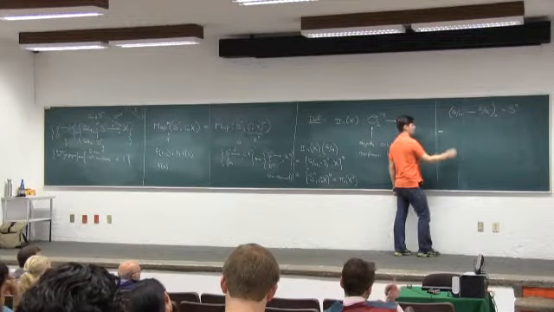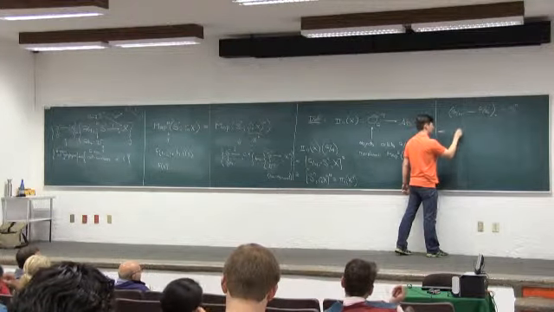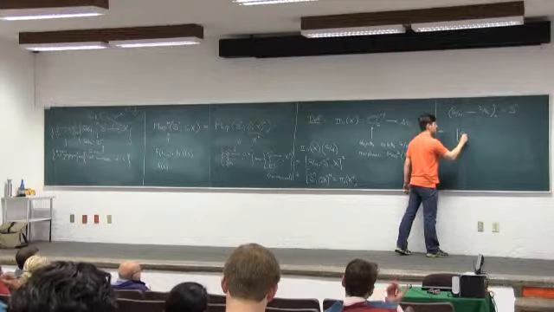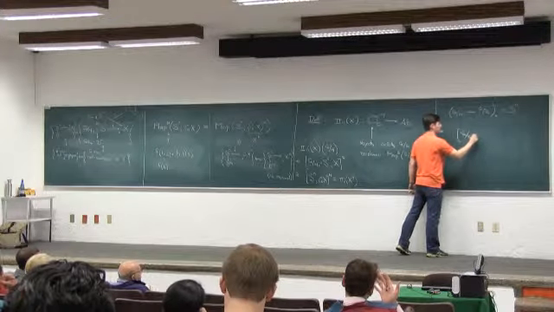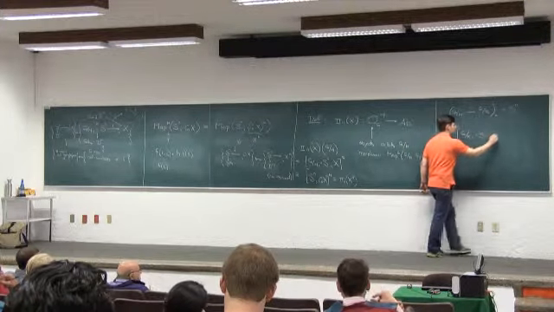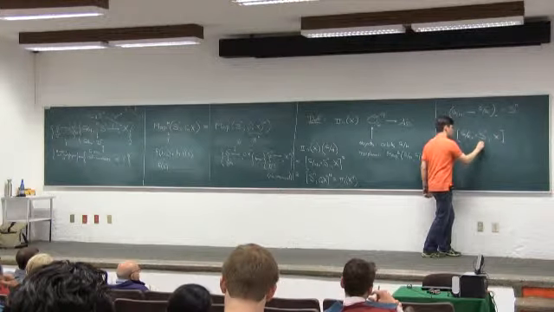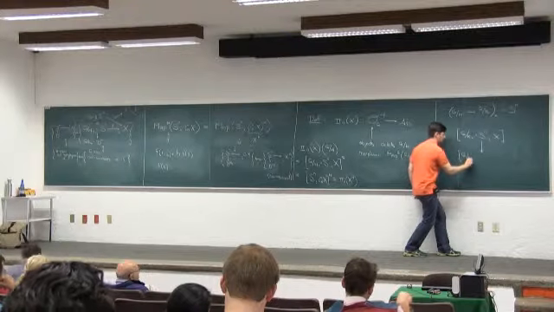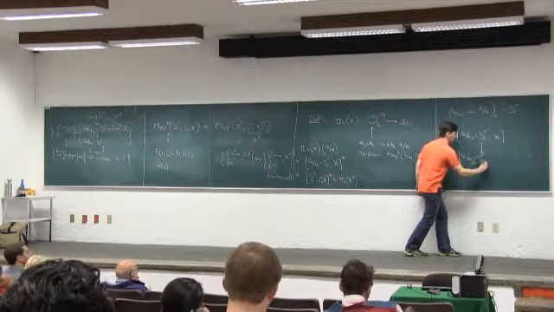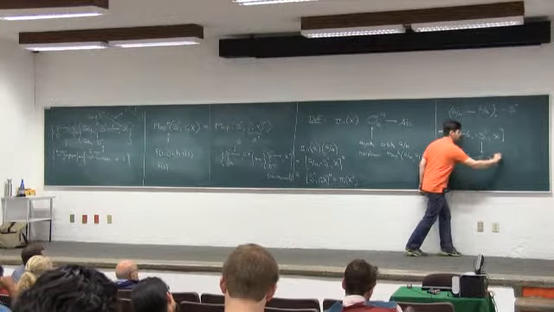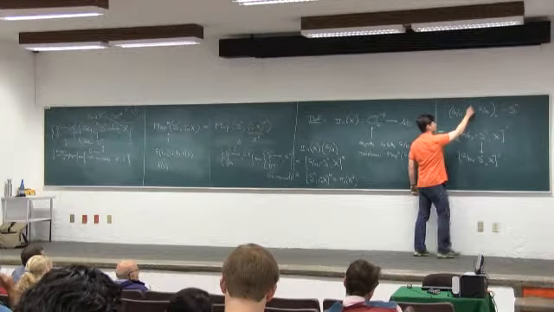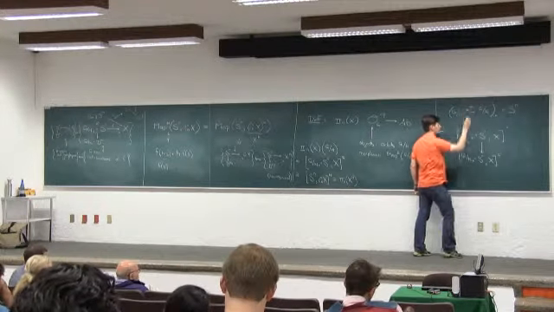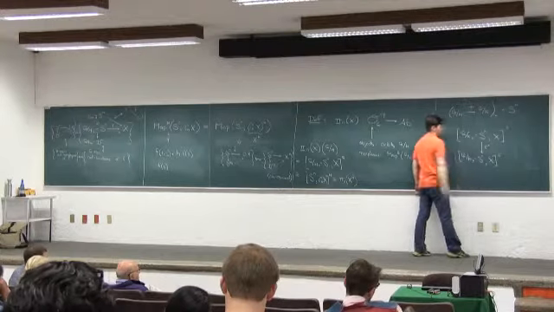And that gives me a map from the homotopy classes of G mod K plus smash Sn into X to the homotopy classes of G mod H plus smash Sn into X by precomposition.